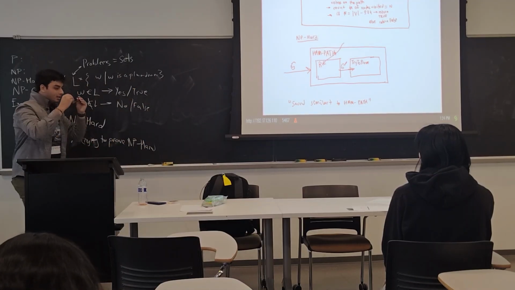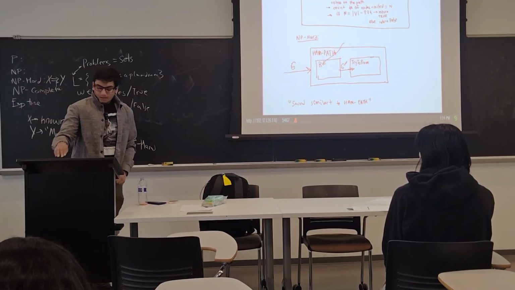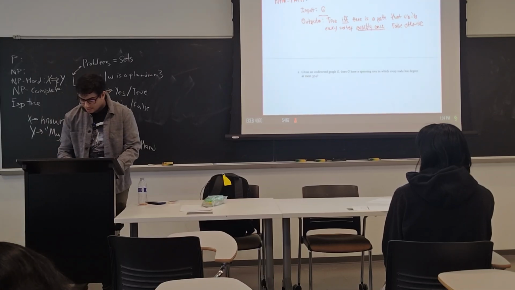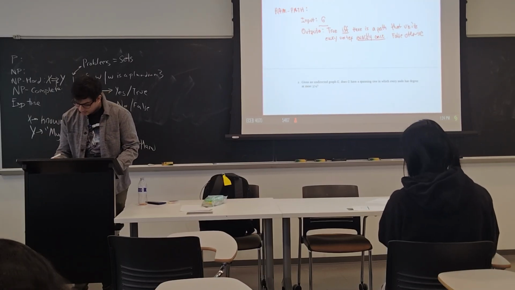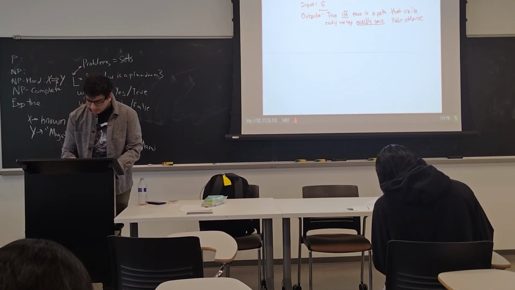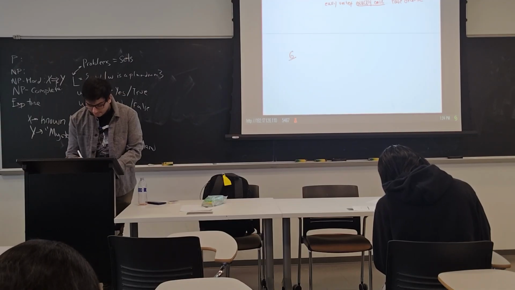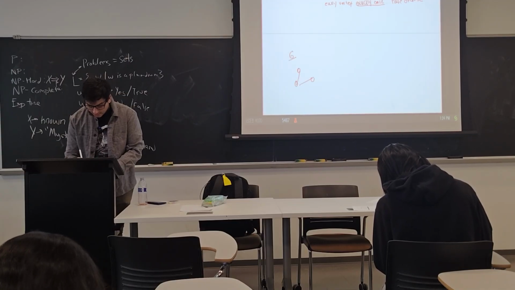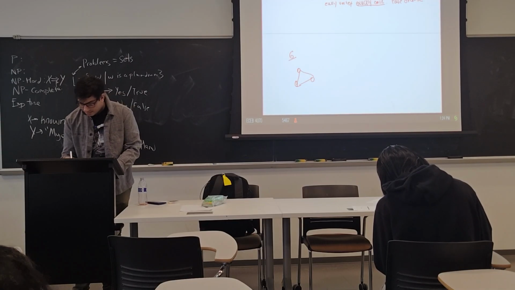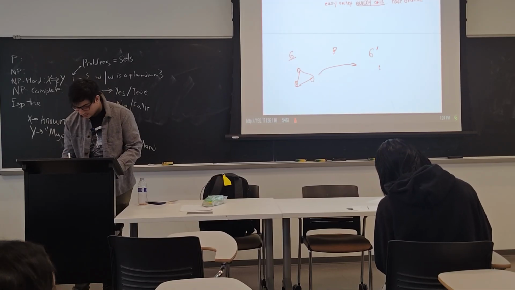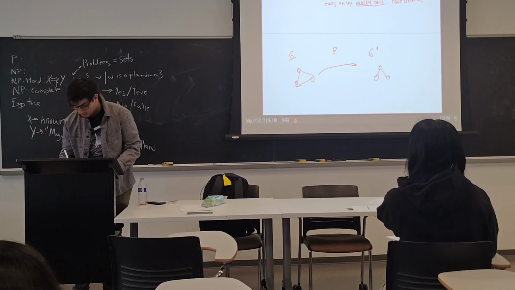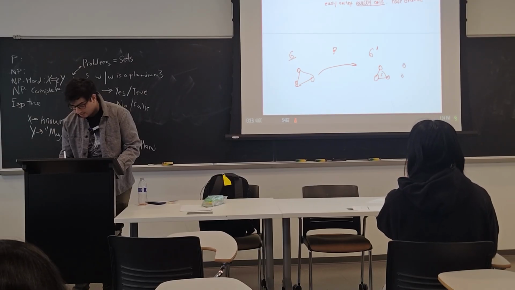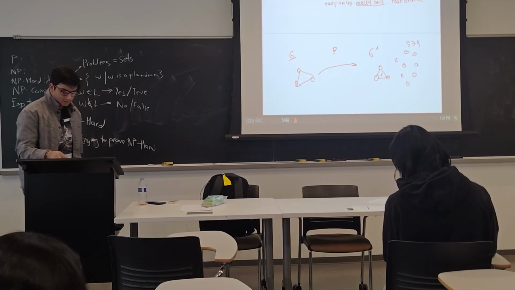Does that make sense? So essentially, if my graph G looked something like this, then G prime, our reduction, has to map a graph that looks like this into this, where this is my original G, and then you add in 374 disconnected nodes.